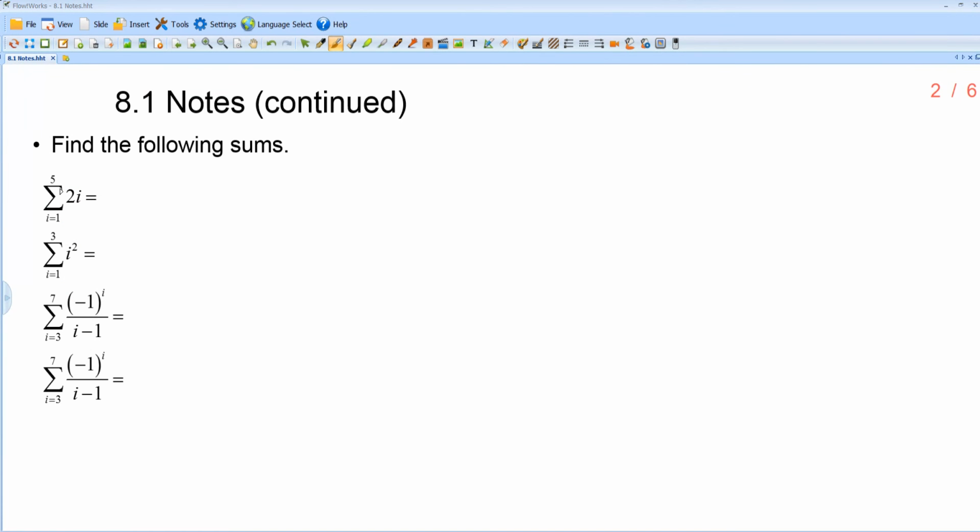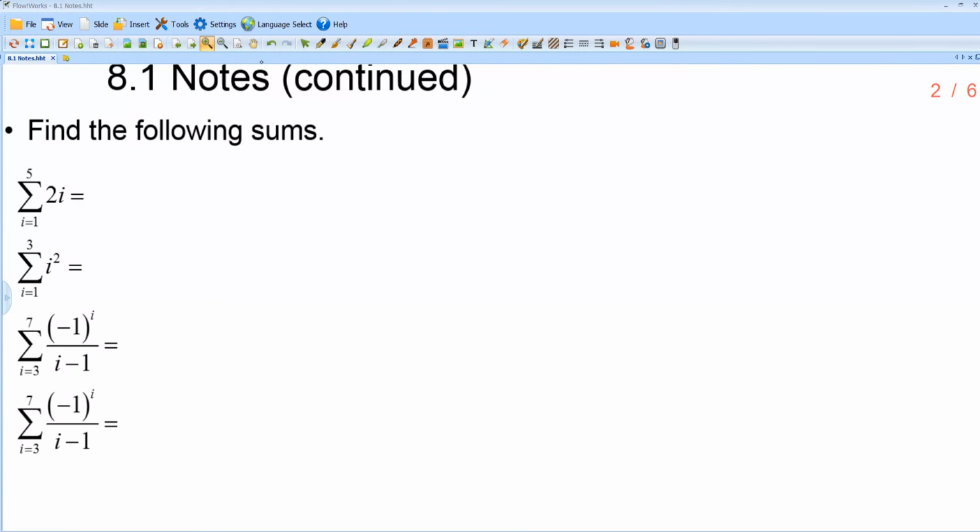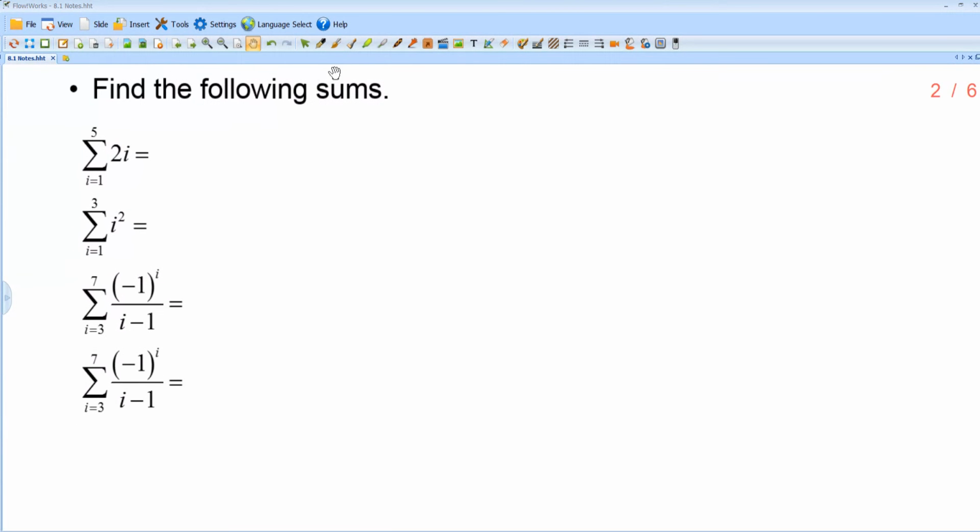There we go. So here, we're saying that we want the summation of 2i, starting at i being 1 up until i is 5. So I will show all the work in this case. You wouldn't necessarily always have to, although it's generally recommended. So we're doing 2 times i being 1. That's 2. Plus 2 times i being 2. That's 4.